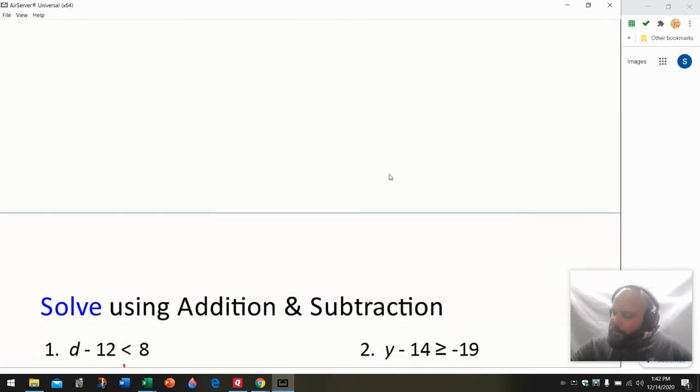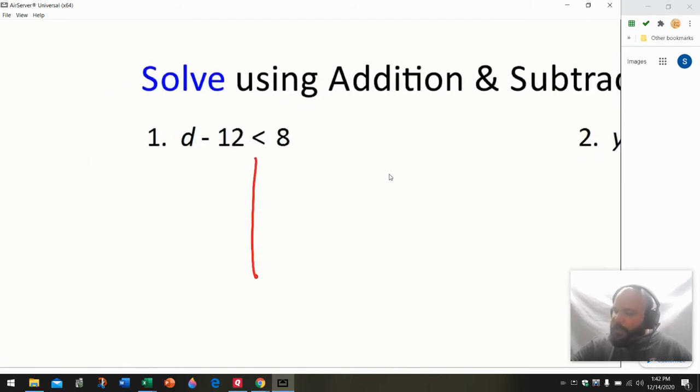So moving forward into the first type of inequality, you can see that I have this inequality that says d minus 12 is less than 8. I need to solve for d. And in order to solve for d, I need to get rid of whatever number is with d. In this case, minus 12 is there.